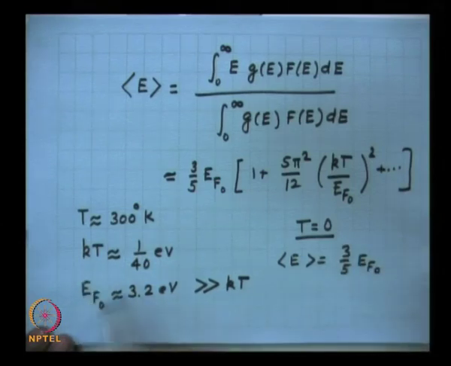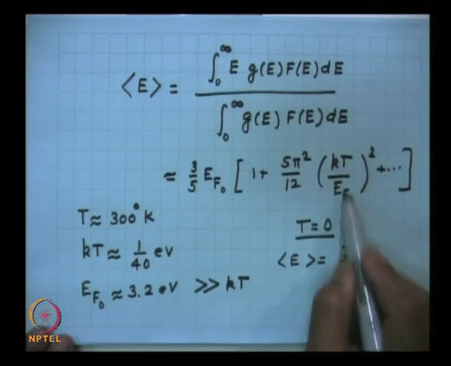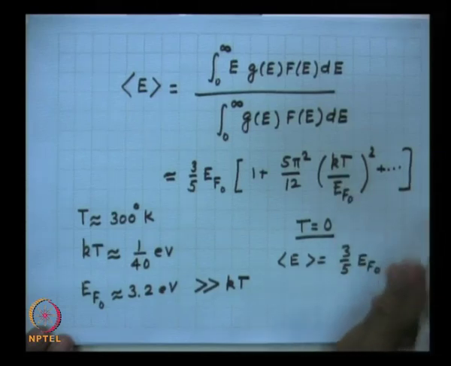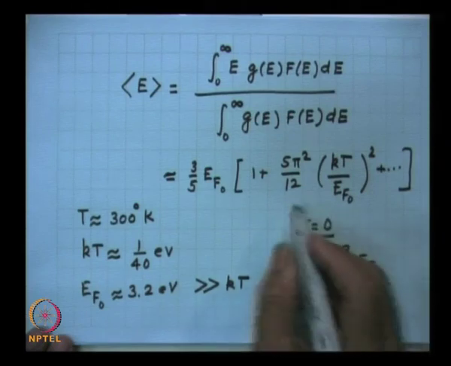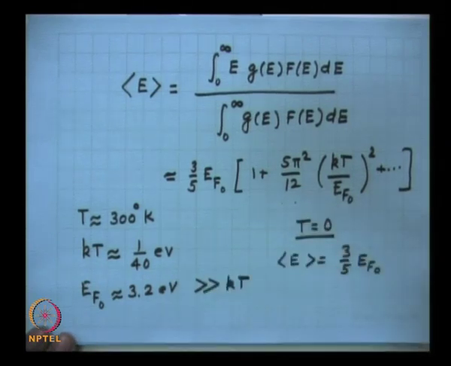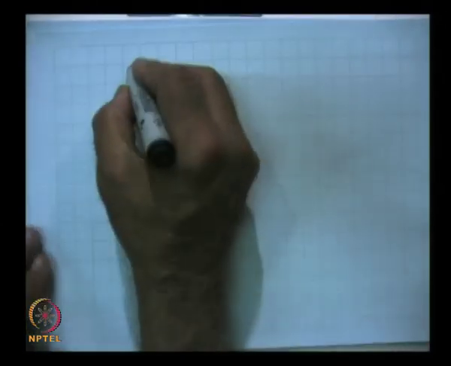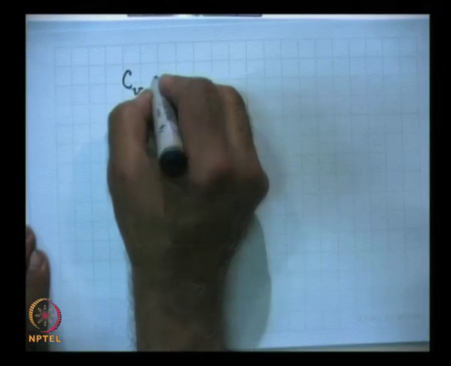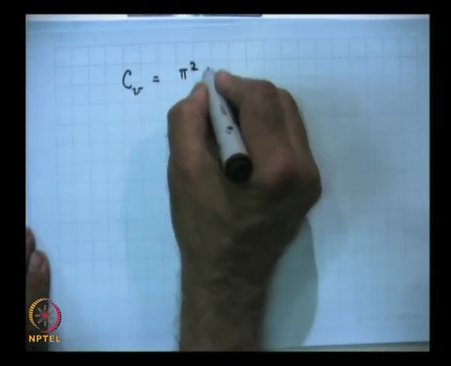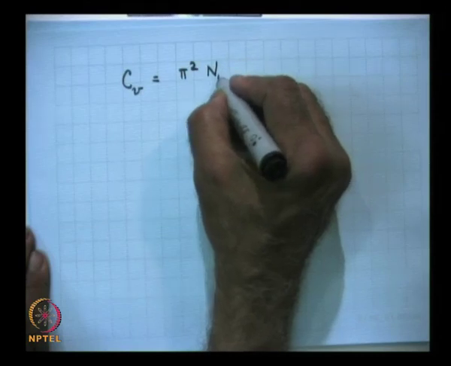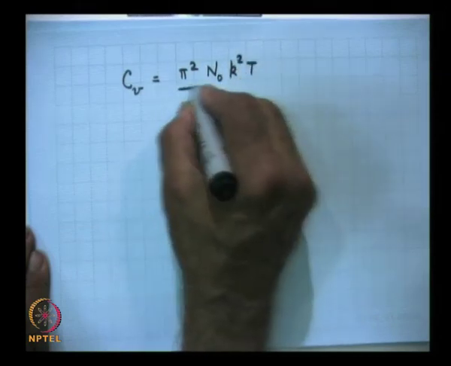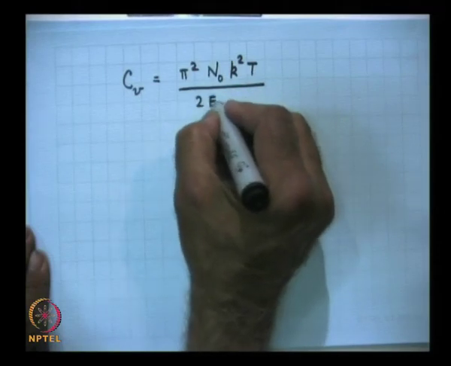And since kT by E_F0 is usually a very small number for normal temperatures, this correction term is usually very small. Using this expression, we can calculate the electronic specific heat, and we will find, I leave this as an exercise, that it comes out to be π² N0 k² T divided by 2 E_F0, where N0 is the Avogadro's number.